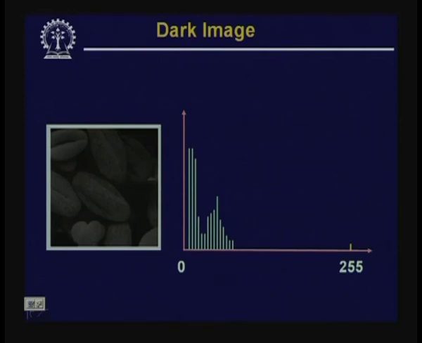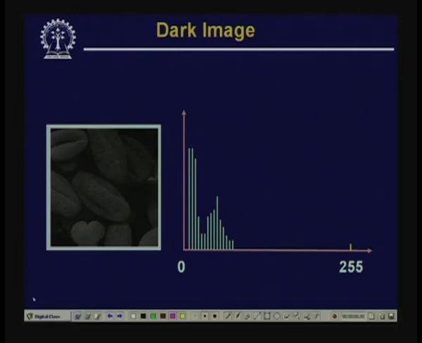The histogram of this image is plotted on the right hand side, and this plot says that most of the pixels have intensity values near 0.